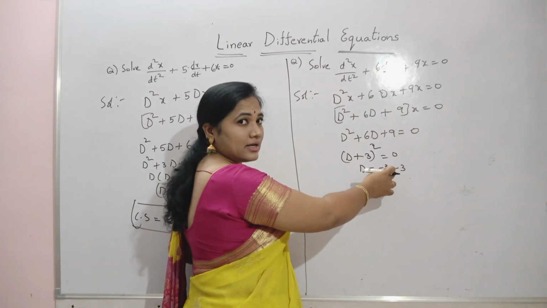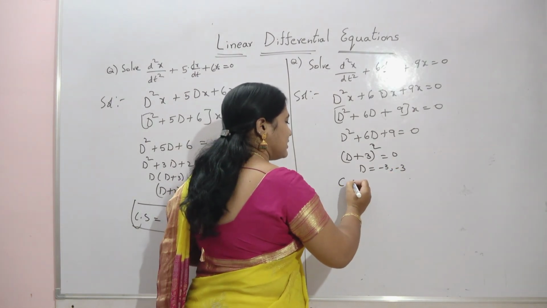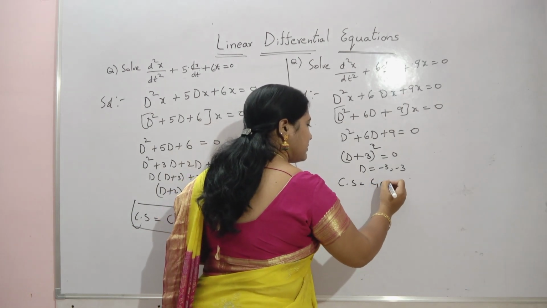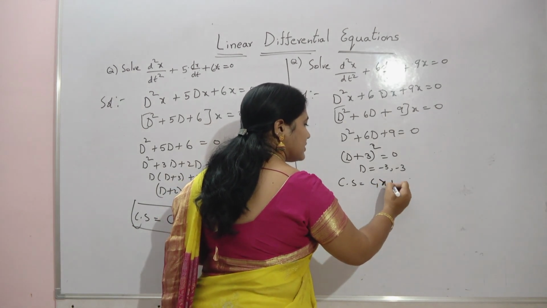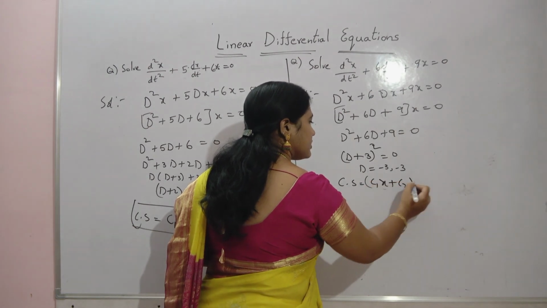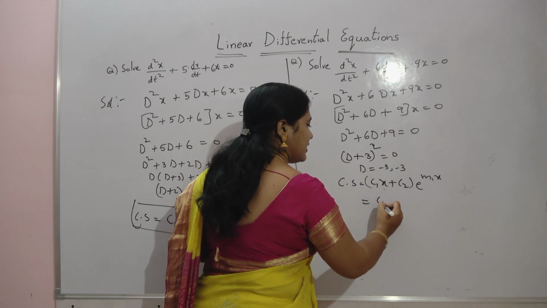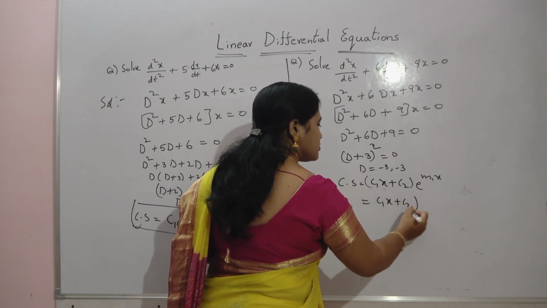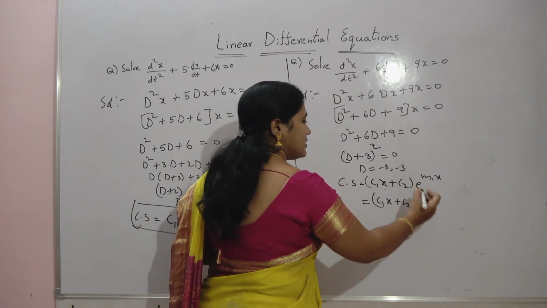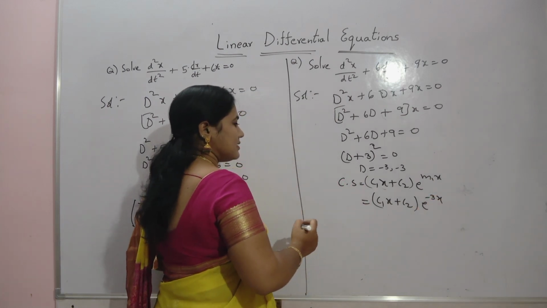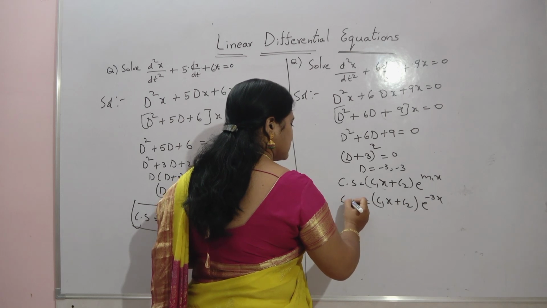So if the roots are real and equal, then the complete solution is (C1 x plus C2) e power m1x. So (C1 x plus C2) e power m, which is minus 3, so e power minus 3x. So this is the solution.